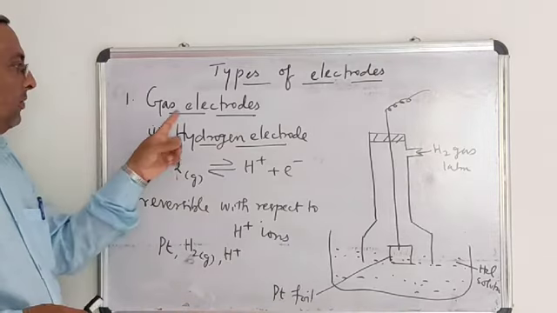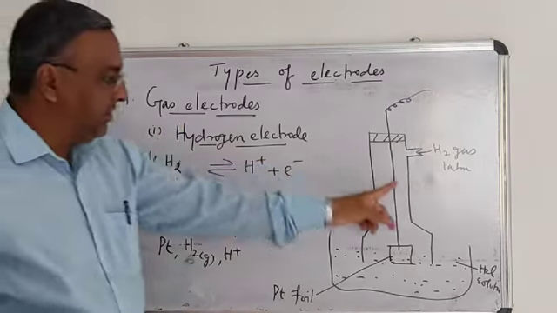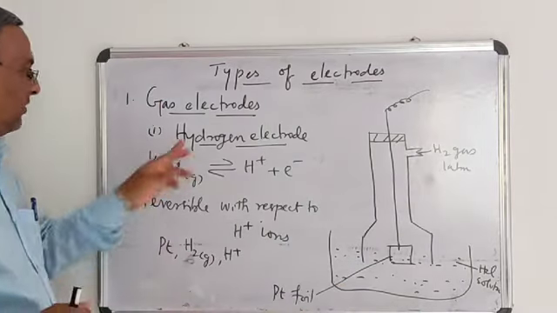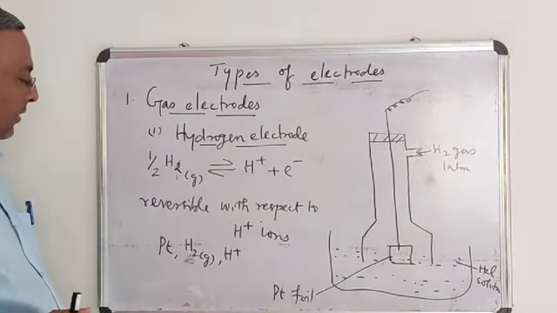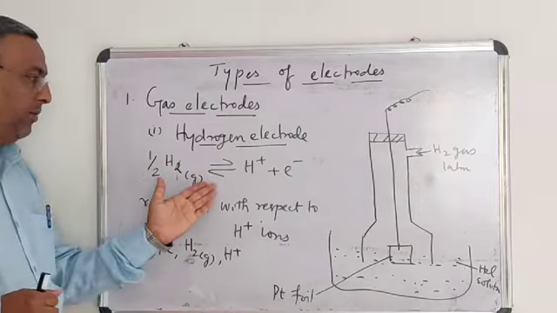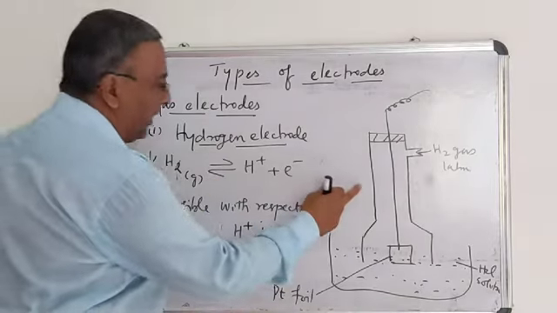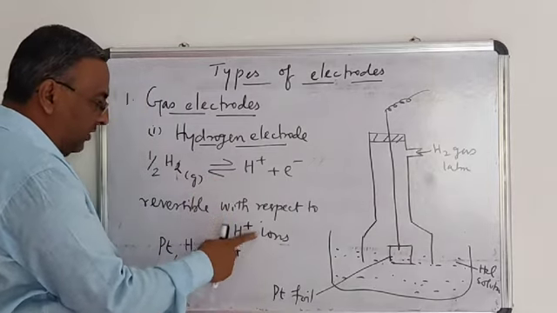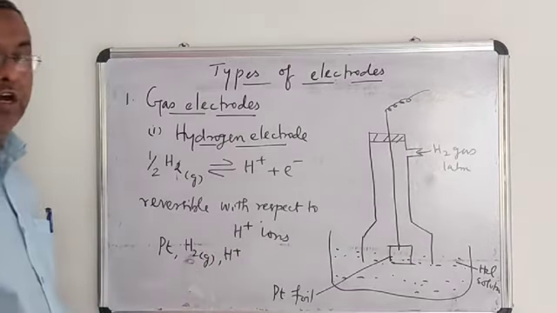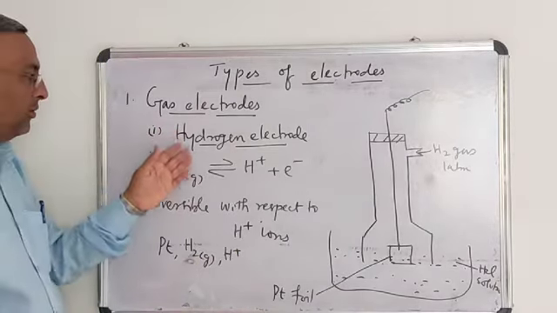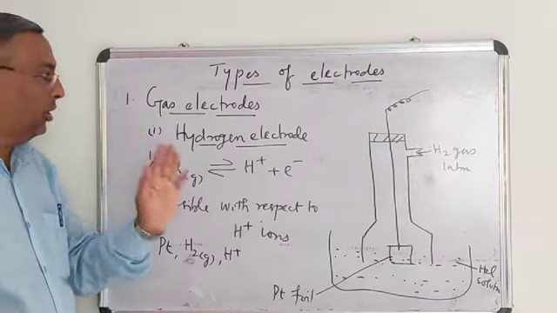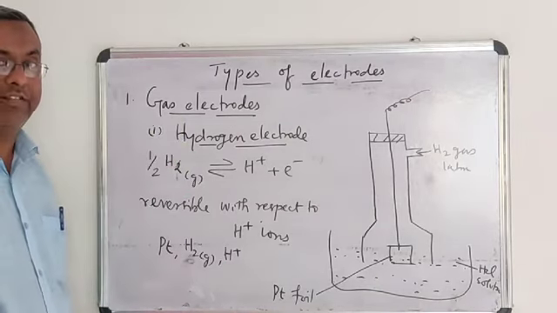So here hydrogen gas is bubbled through this electrolyte, therefore it is a hydrogen gas electrode. See, this hydrogen electrode is reversible with respect to H plus ions. Okay, this is about the hydrogen electrode, an example of gas electrode.